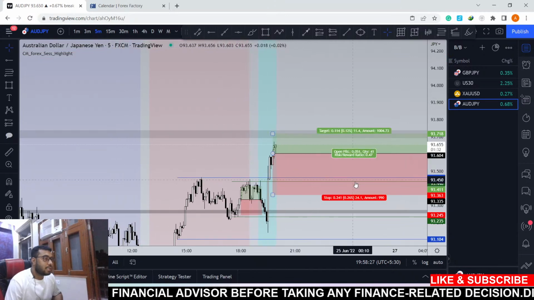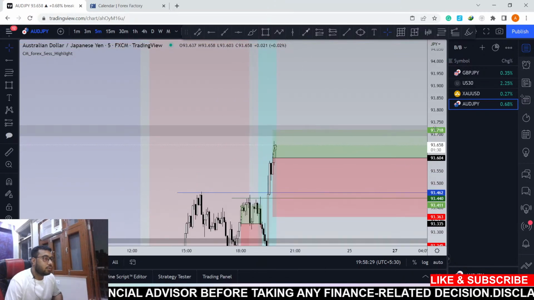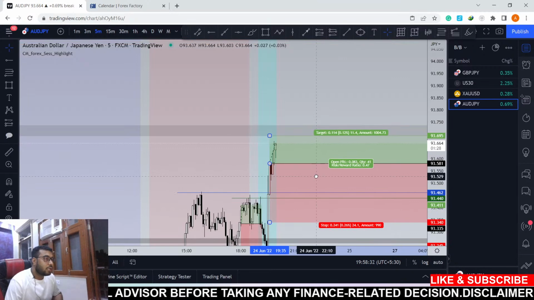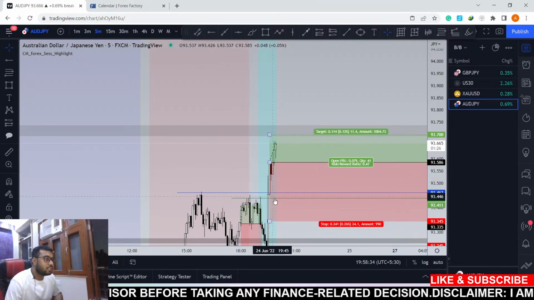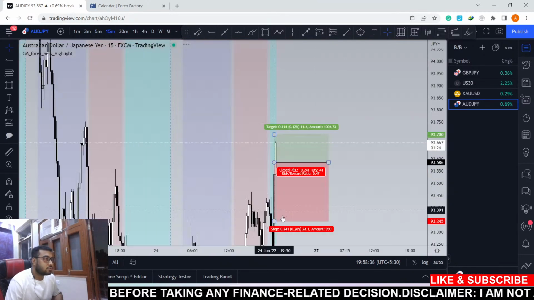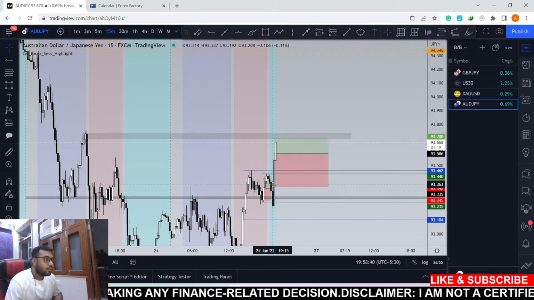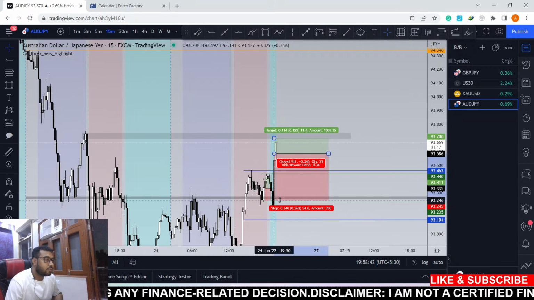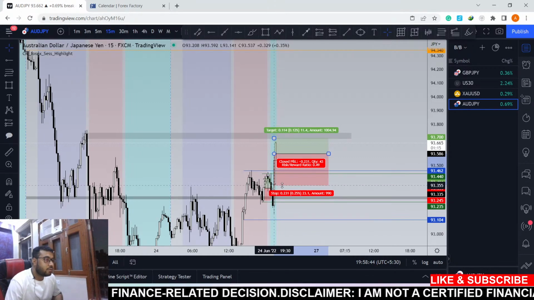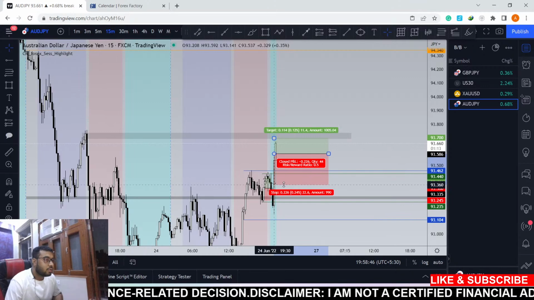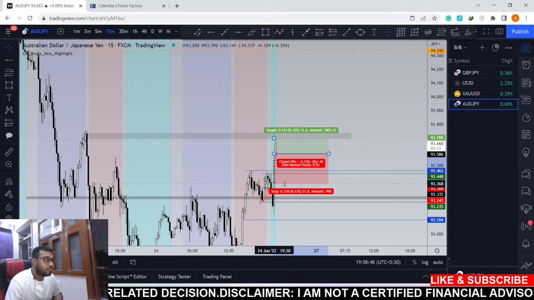So see, after waiting 5 minutes, what I could do, I would have taken this entry somewhere around this area. Take profit at least at the mid or around this area, but at the mid is also okay.